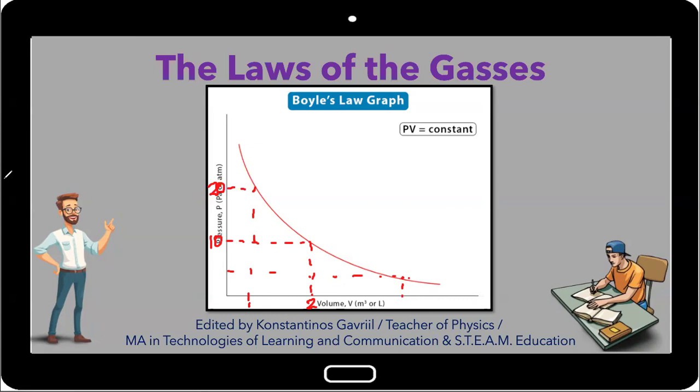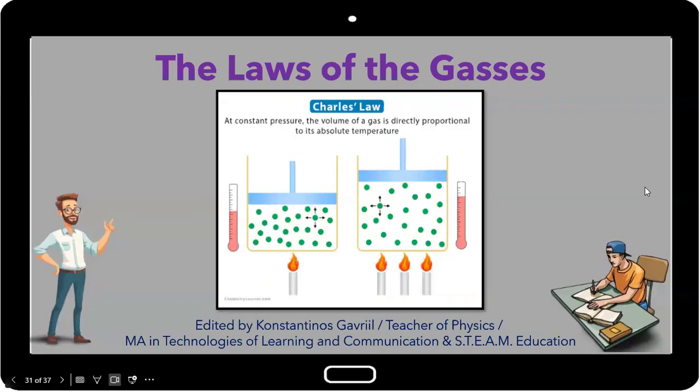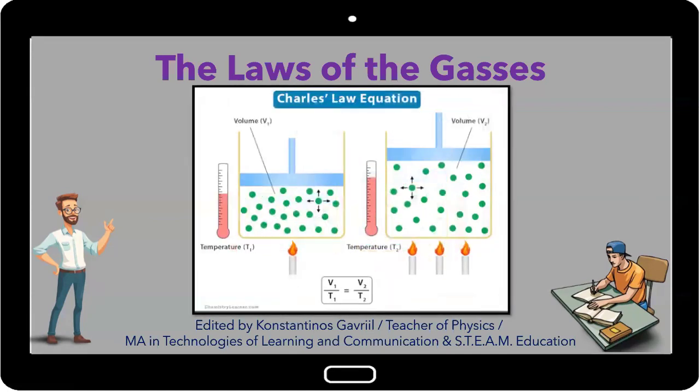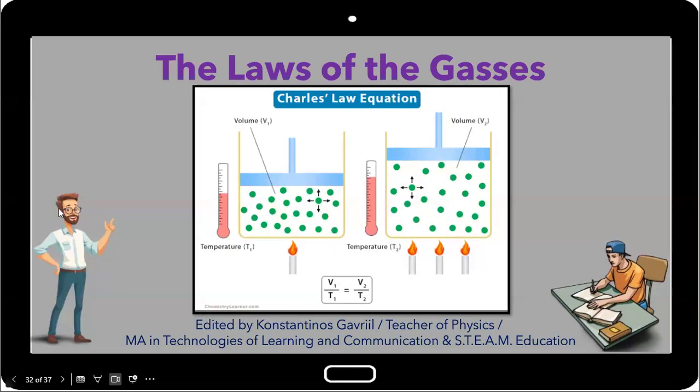Let's continue with the next law, which is Charles's law. And here we have the pressure to be constant. When the pressure is constant, I will start from this general law, P1 V1 above T1 equals P2 V2 above T2.